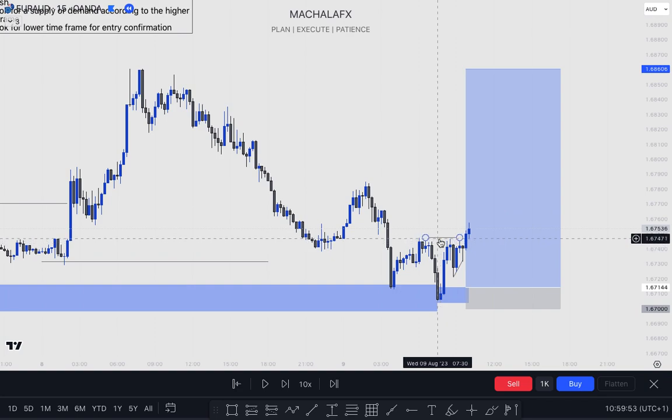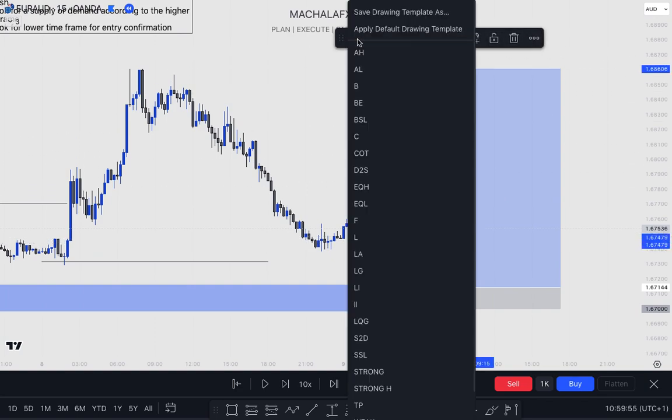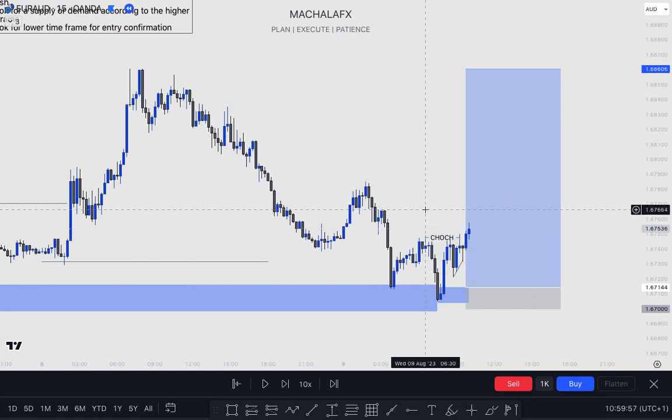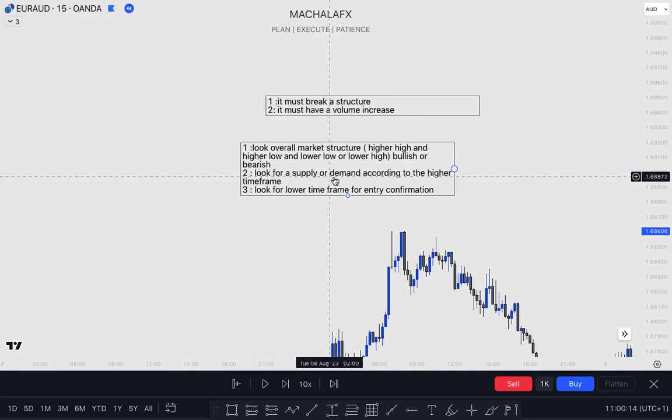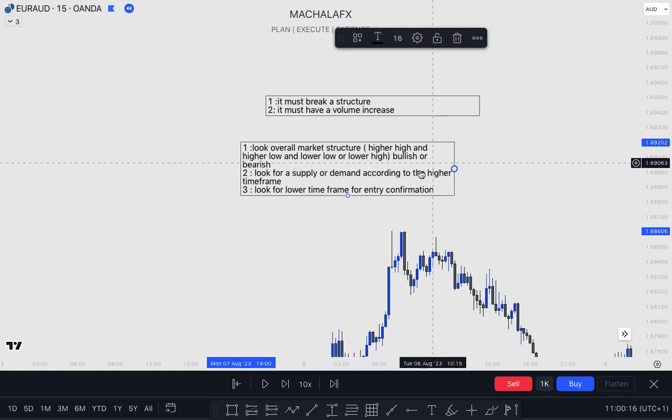Now we have a change of character to the upside. You know that when we mitigate, we have a change of character to the upside. Now we have all our rules. Remember, look for a higher time frame structure, look for overall structure like a higher high, higher low on the higher time frame. So now look for a supply or a demand according to the higher time frame.